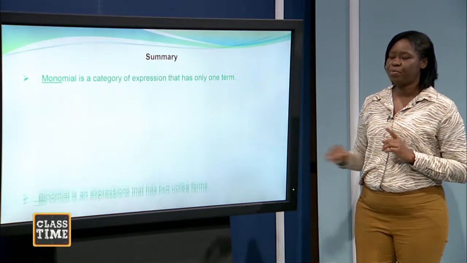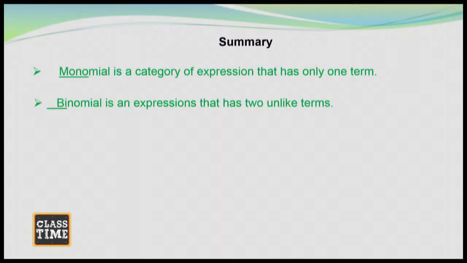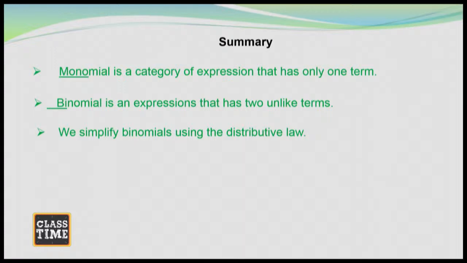Binomial, and we think of the prefix again, bi, as in bicycle, is an expression that has two unlike terms. And we also looked at how to simplify binomials using the distributive law.